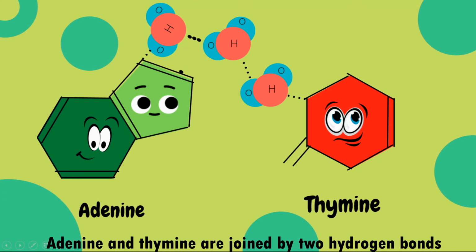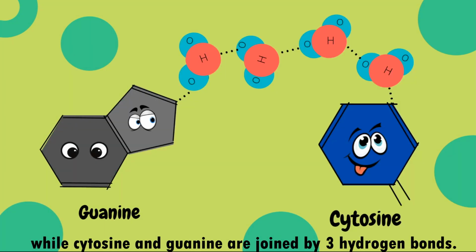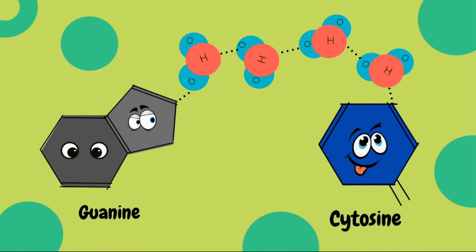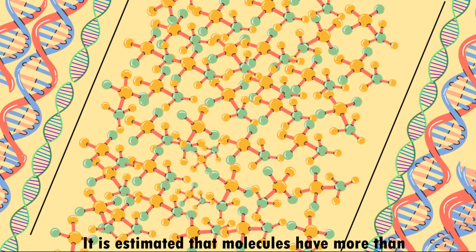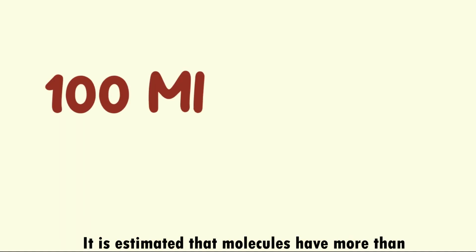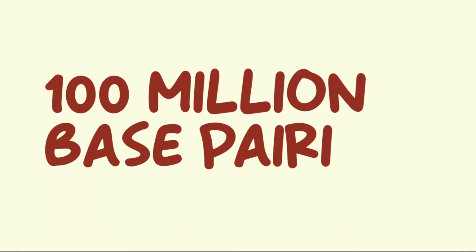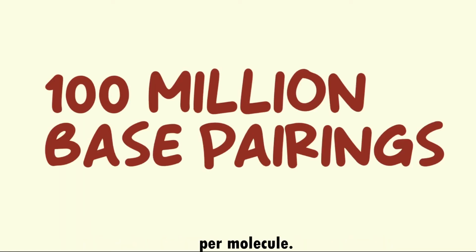Adenine and thymine are joined by two hydrogen bonds, while cytosine and guanine are joined with three hydrogen bonds. It is estimated that molecules have more than 100 million base pairings per molecule.